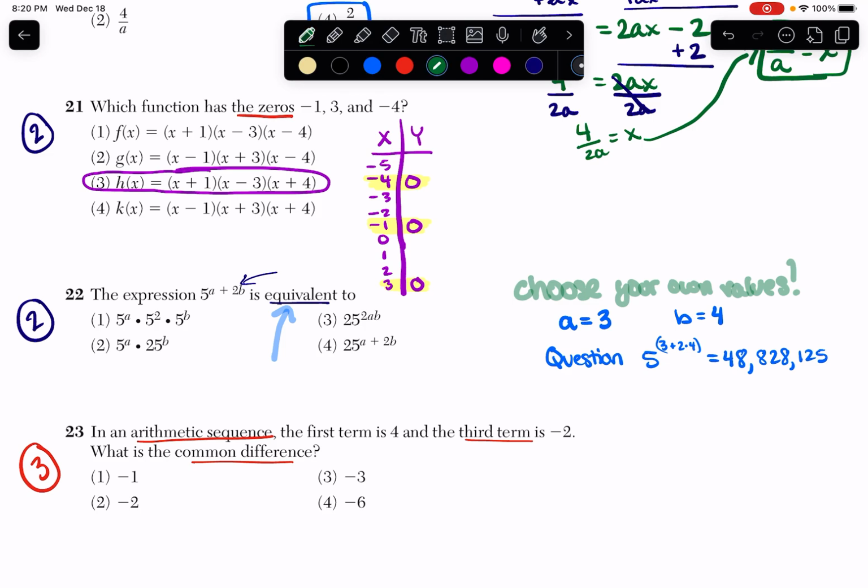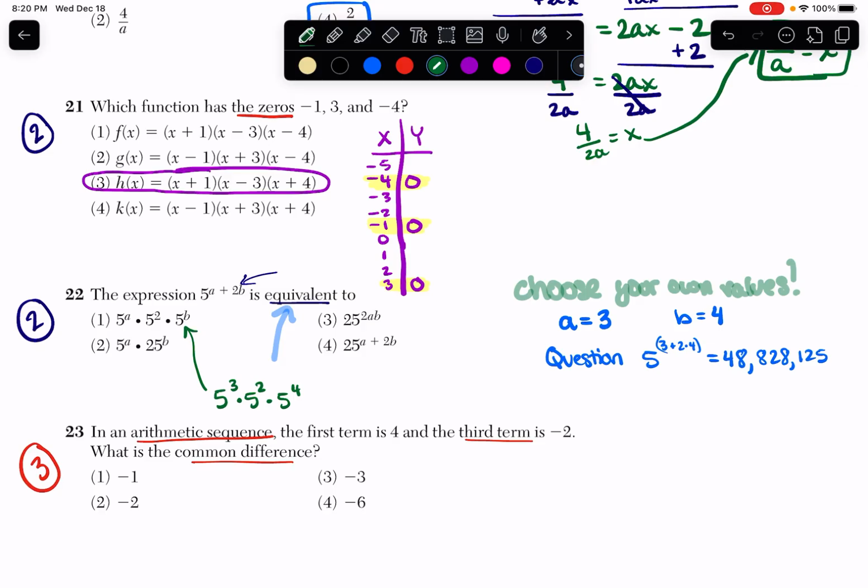What I'm going to do now is use the same values of a and b in my answers and see if I can get the same result. So for instance, if I plug in 3 and 4 as my a and b for answer choice A, then that would be 5 to the 3rd times 5 squared times 5 to the 4th.